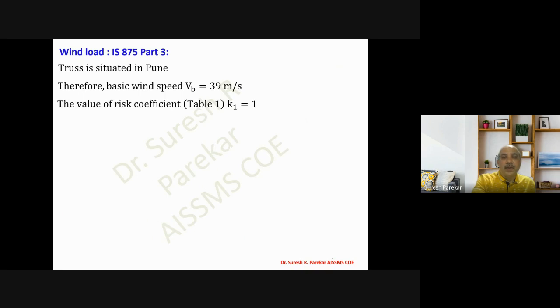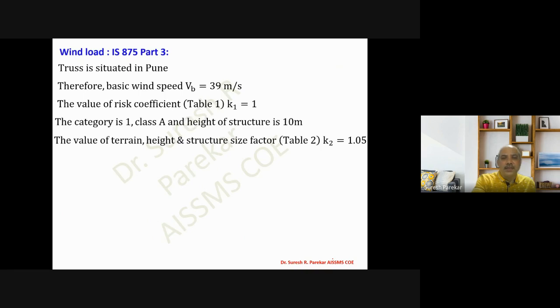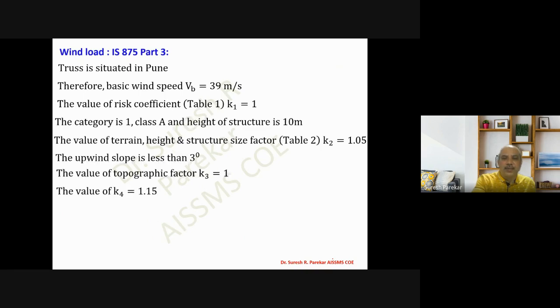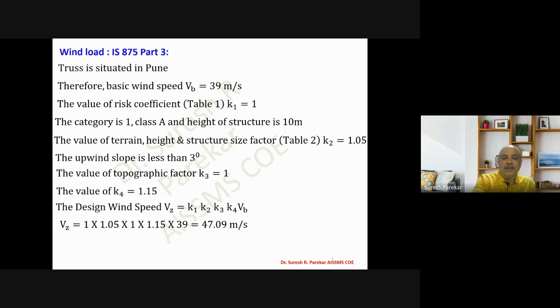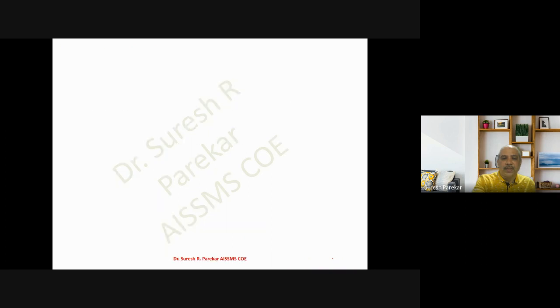Then wind load. I will not go into detail with this. We have seen all these steps when we were with trusses, that is the analysis of trusses: dead load panel point, live load panel point and wind load panel point. And then we have wind pressure from this, 1330.48 Newton per meter square.